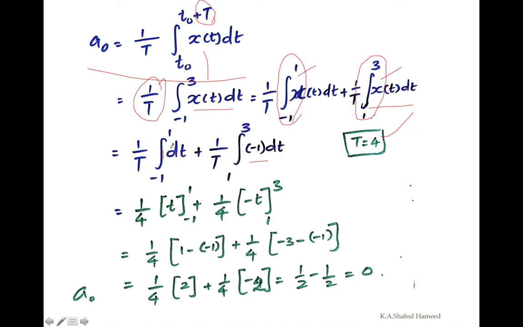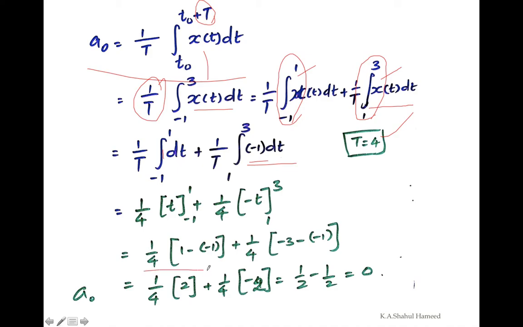When we integrate this equation, I will get 1 by 4, after substituting the value of T. The integration value is t, with upper and lower limit minus 1 and plus 1, plus 1 by 4 times, integrating, minus t with upper and lower limit 1 and 3. So we have to substitute the upper and lower limits.